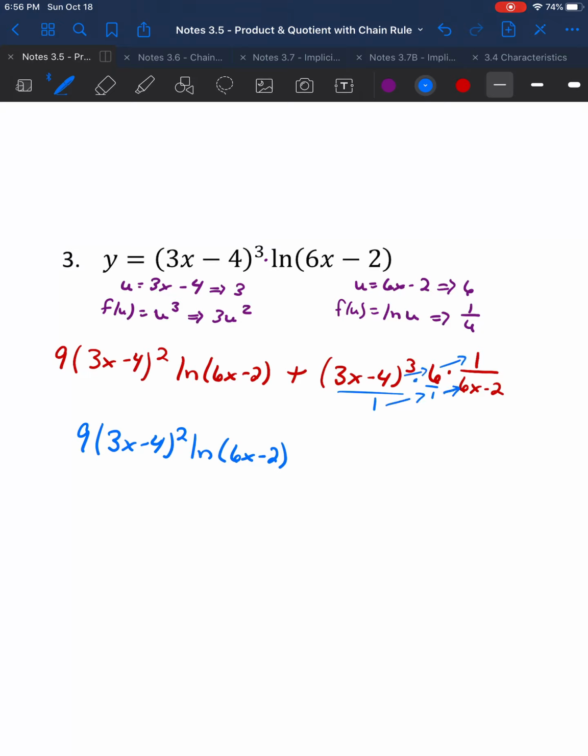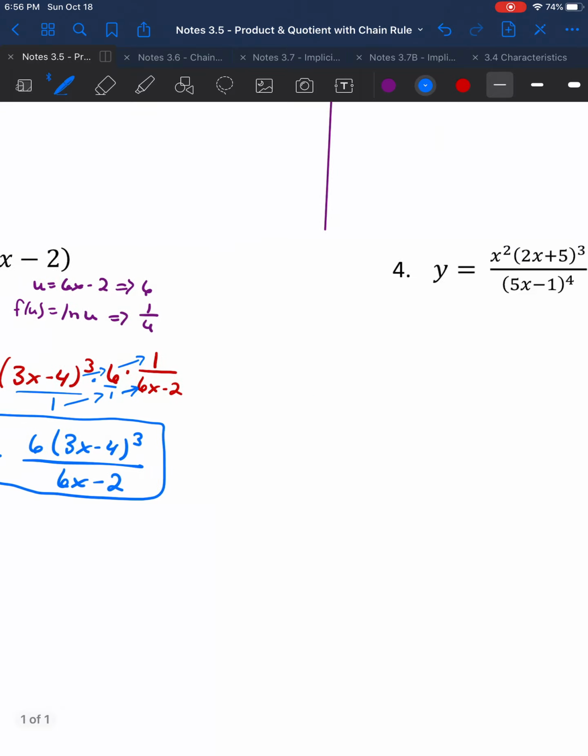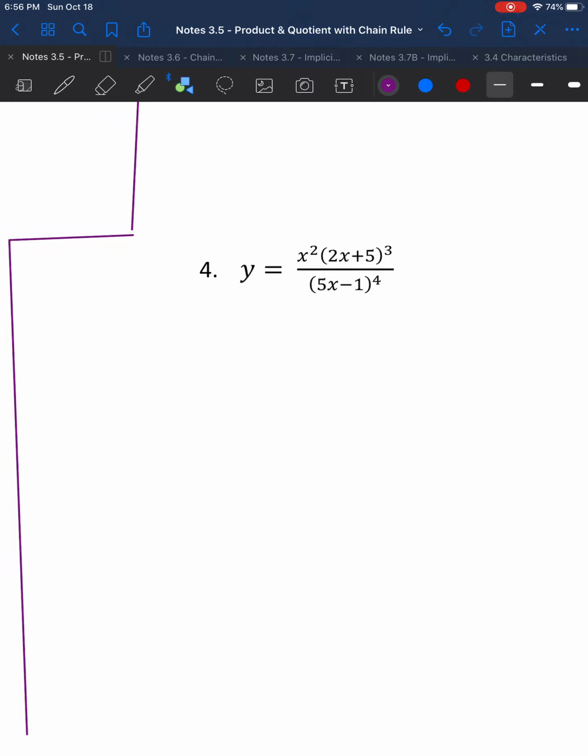But on the second half, because I have times a fraction, these are all being multiplied together anyways, multiplying fractions, I go straight across the top, straight across the bottom. So I could rewrite this as 6 times 3x minus 4 cubed over the 6x minus 2. Again, it didn't really get rid of much, but it just makes it look a little nicer.